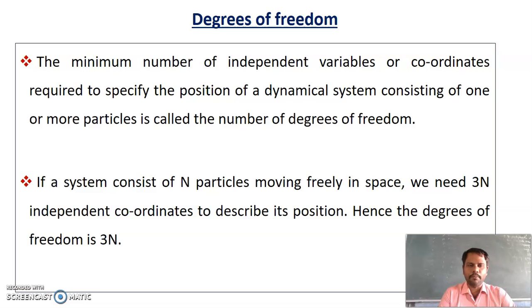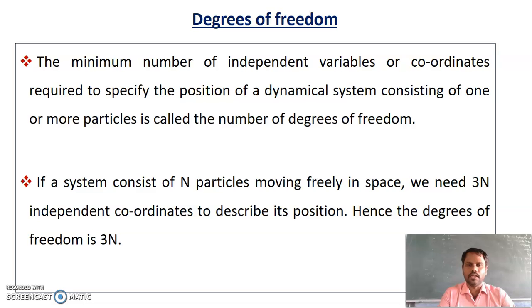To describe its motion, I need either the x or y or z coordinate, which means I need one coordinate to describe the motion of a particle moving in a straight line.